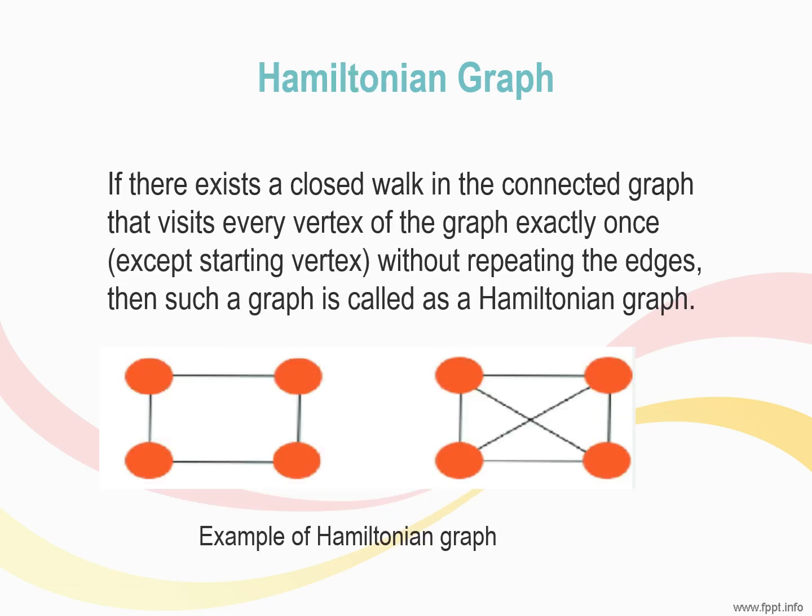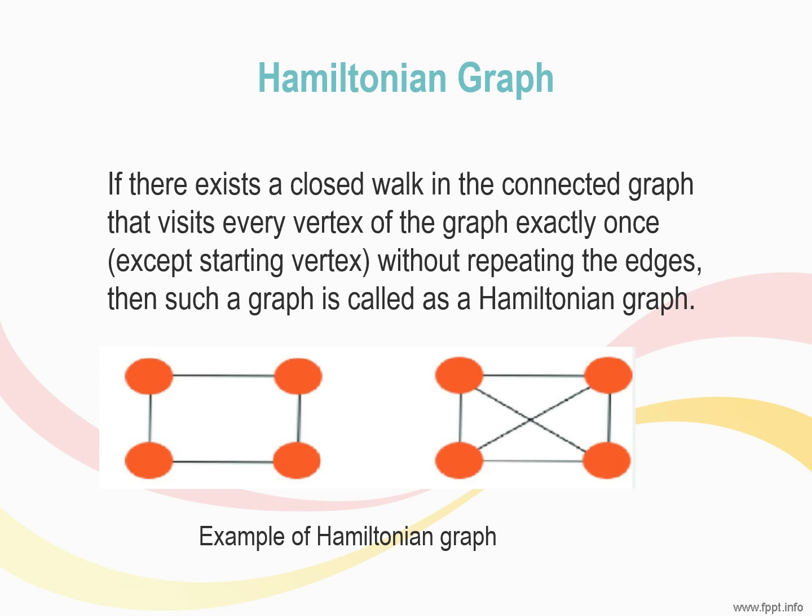Hamiltonian graph. If there exists a closed walk in the connected graph that visits every vertex of the graph exactly once, except the starting vertex, without repeating the edges, then such a graph is called a Hamiltonian graph. An example of a Hamiltonian graph is the one on the left. This is a connected graph with 4 vertices.